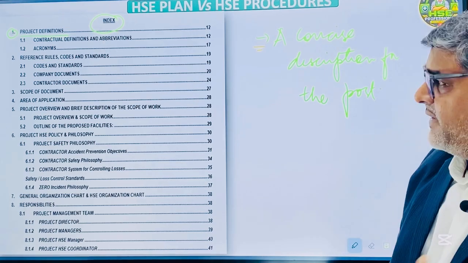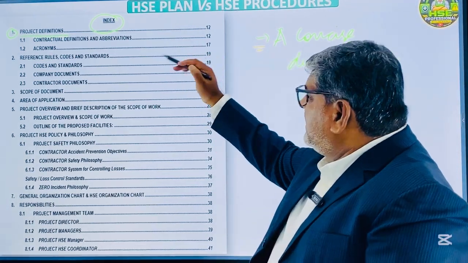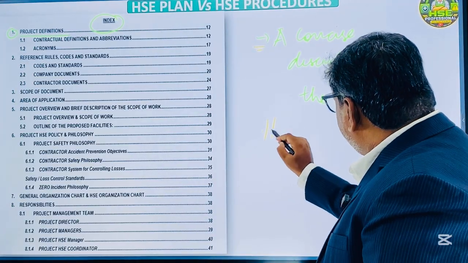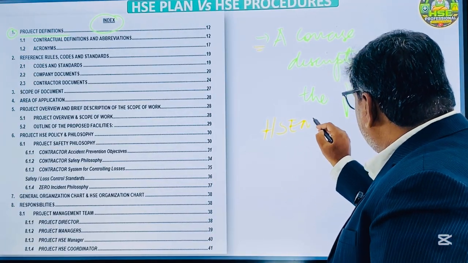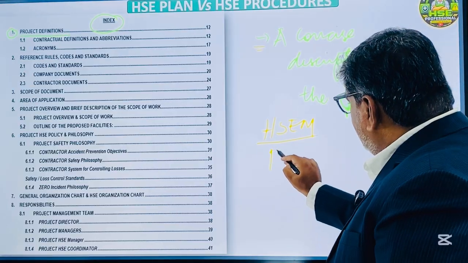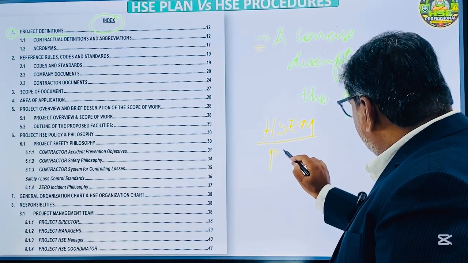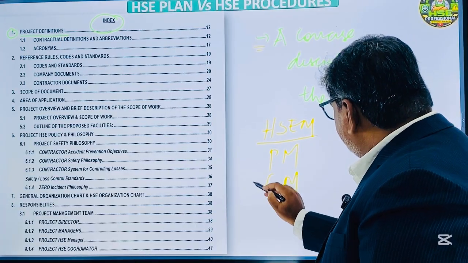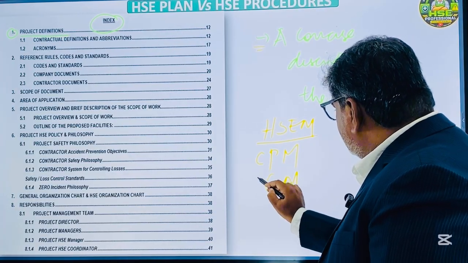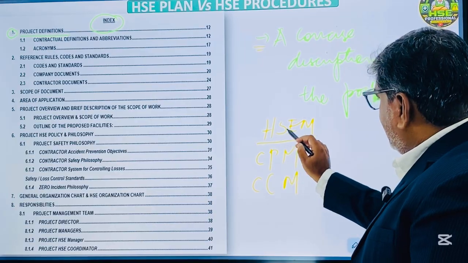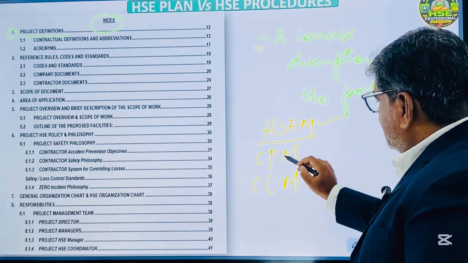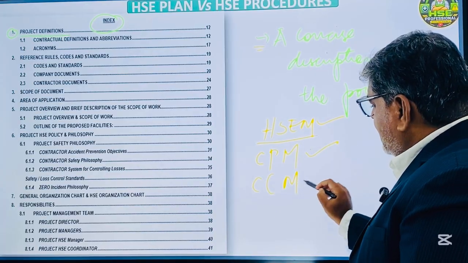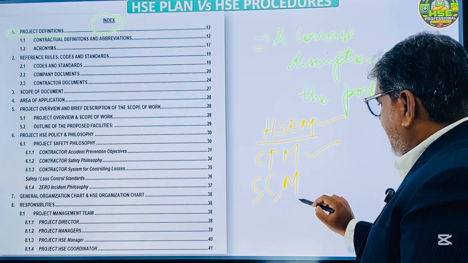Definitions and abbreviations. Then acronyms. Acronyms we need to write down, like HSEM, CPM, CCM: Health Safety Environment Manager, CPM, Contractor Project Manager, CCM, Contractor Construction Manager.